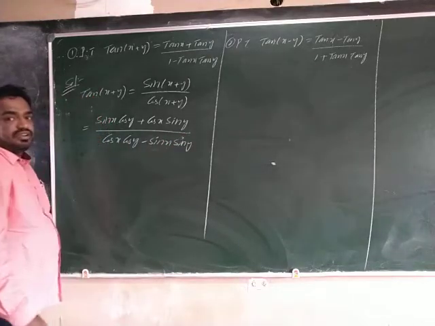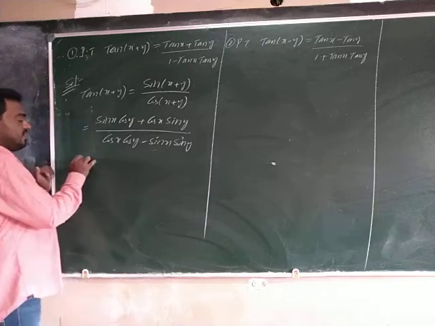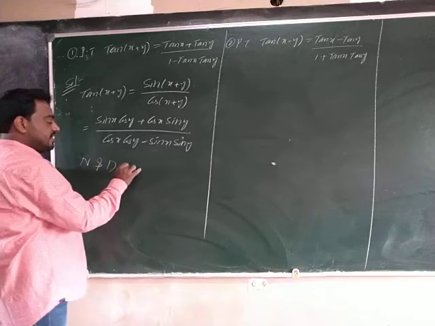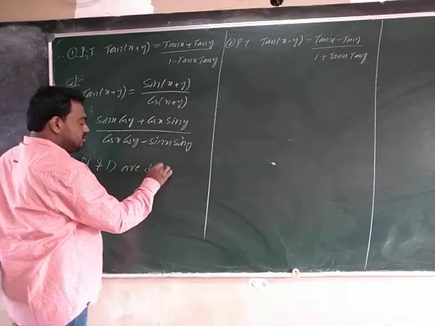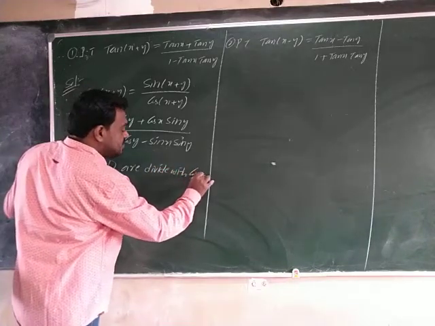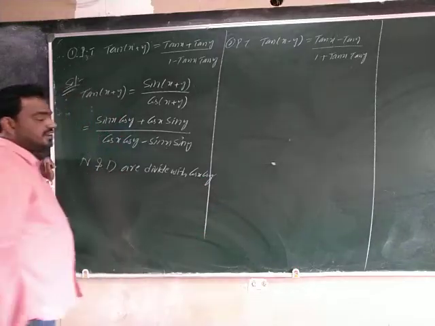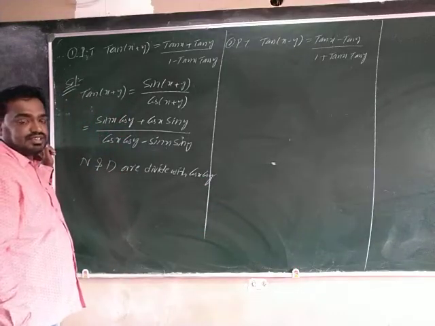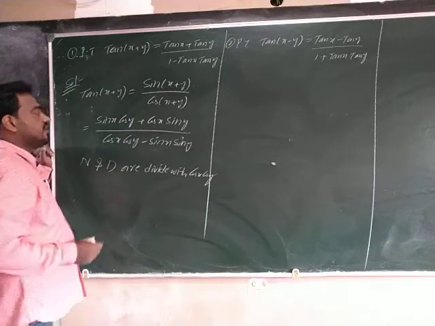Here numerator and denominator are divided with cos x cos y. Then what are we going to see?